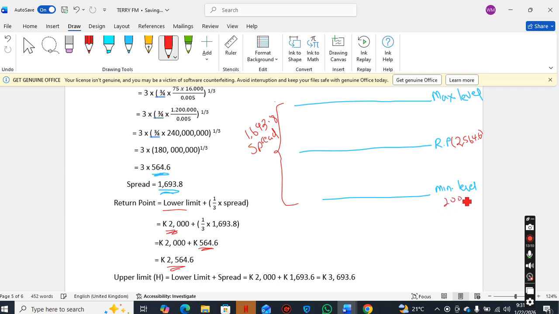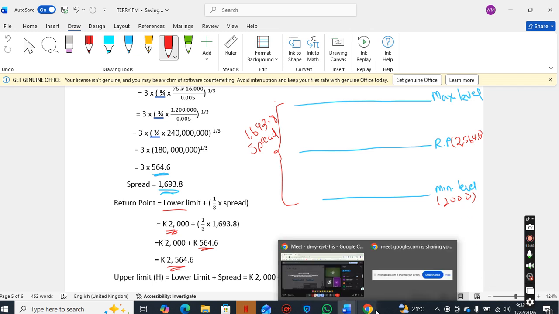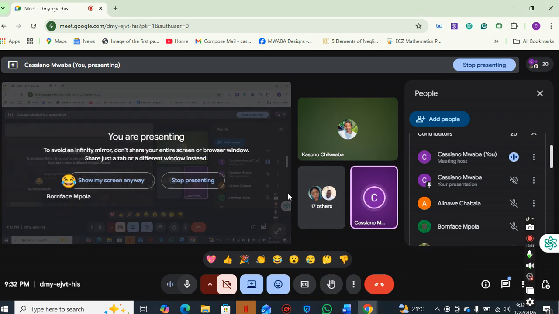Sir, what if the money is below that and then you don't have any treasury bills? It means that you have to look for the money now. If you don't have any marketable securities, you have to look for the money elsewhere.